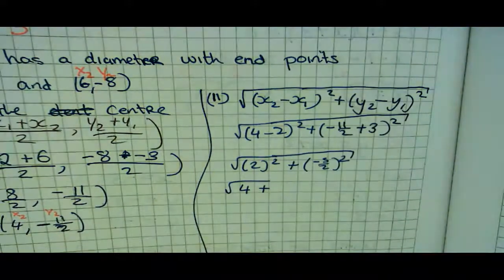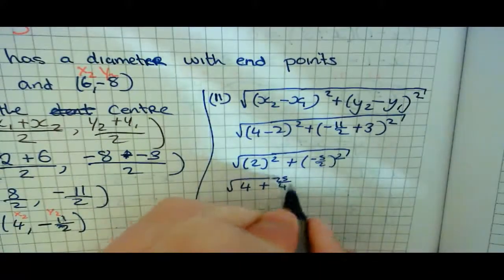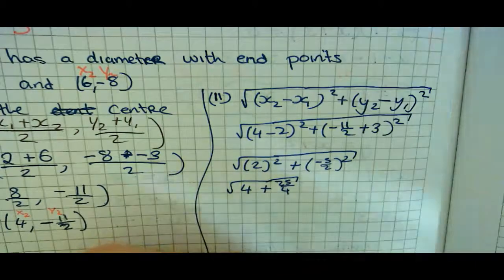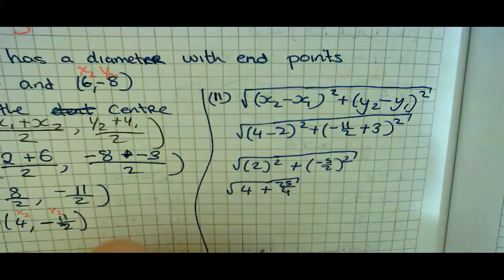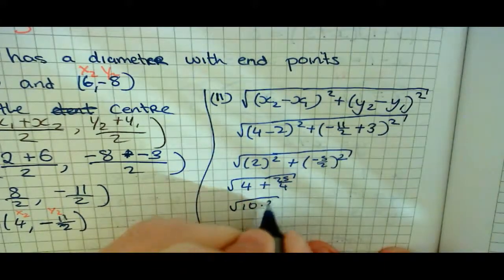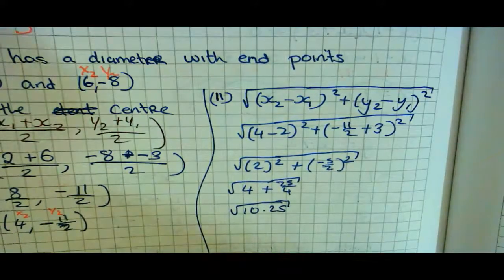Minus 5 over 2 squared is 25 over 4. Plus 4 then is equal to the square root of 10.25, which is the radius.